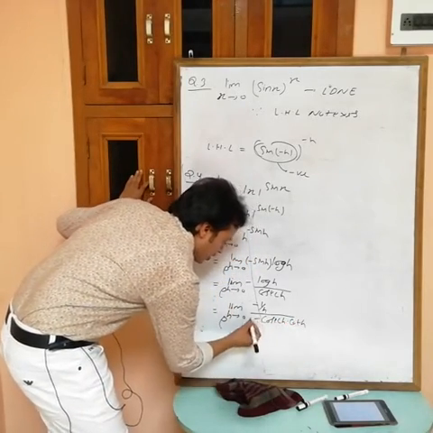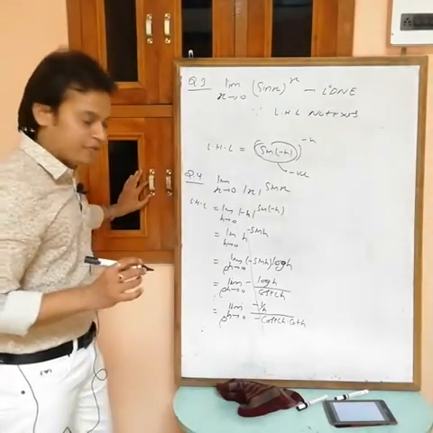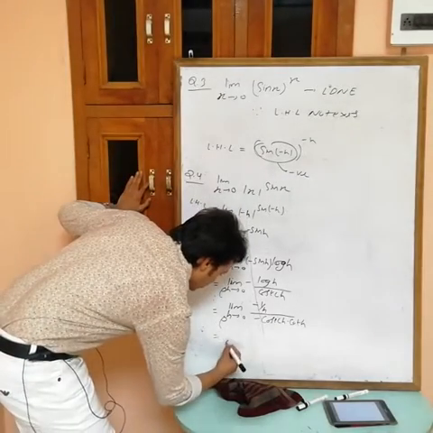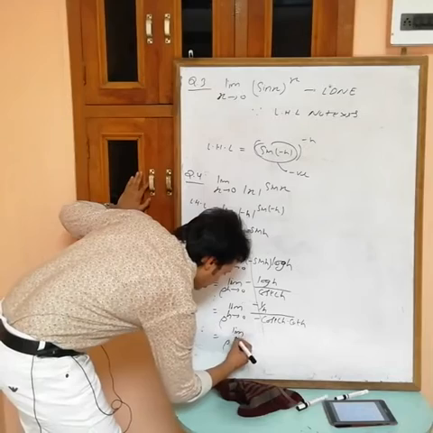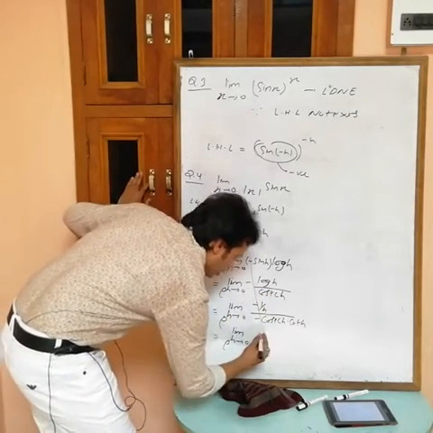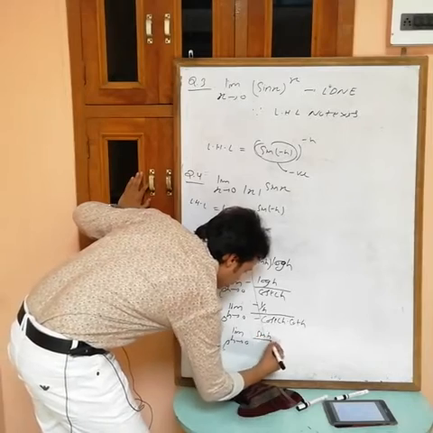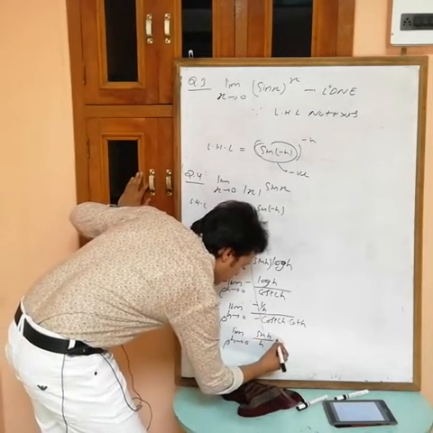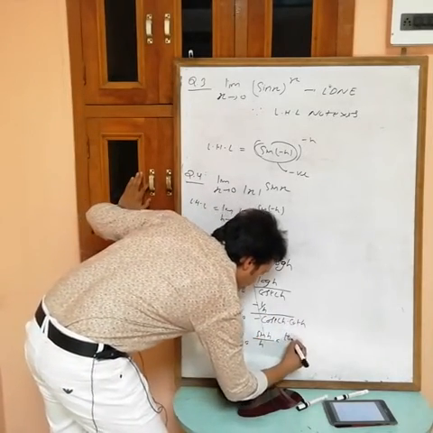Now minus minus cancel out, what we are getting, e power limit h tending to 0, cosec in numerator becomes sine h, h in denominator, h into tan h.